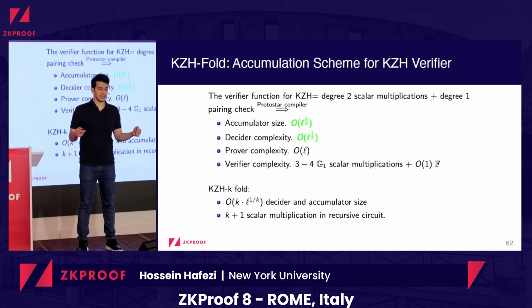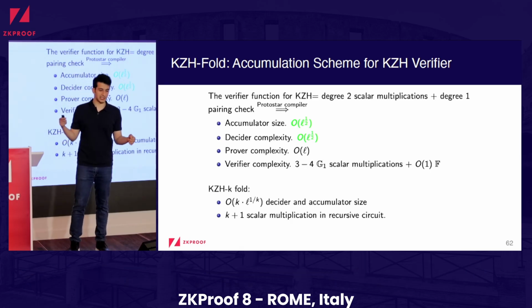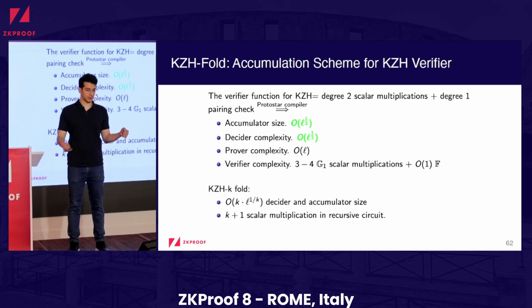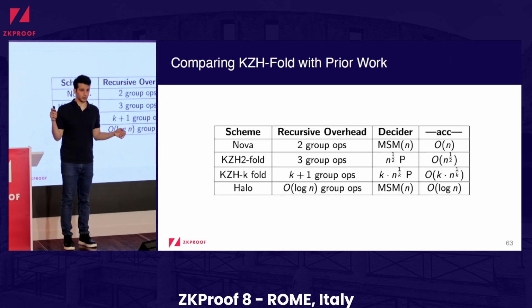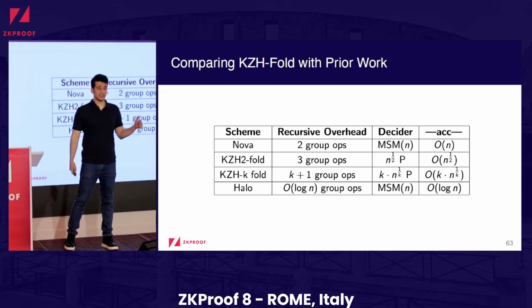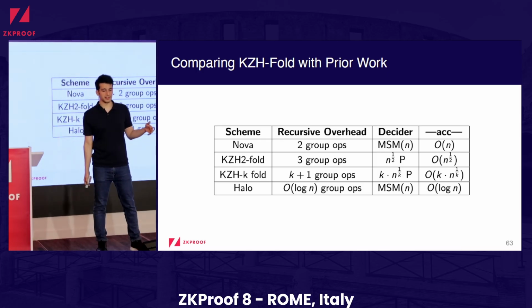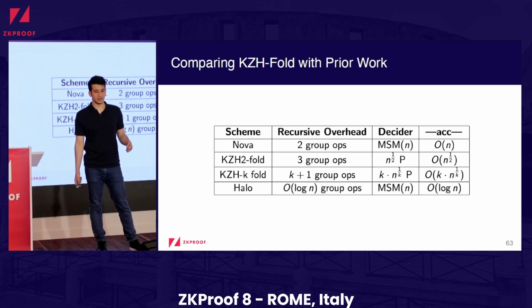We also extend this to KZH-k-Fold, so we build an accumulation scheme for the KZH-k verifier as well. If I compare KZH-Fold with prior work, it's pretty comparable to Nova: the recursive overhead is only a single extra group operation, whilst both the decider and the accumulator are sublinear.